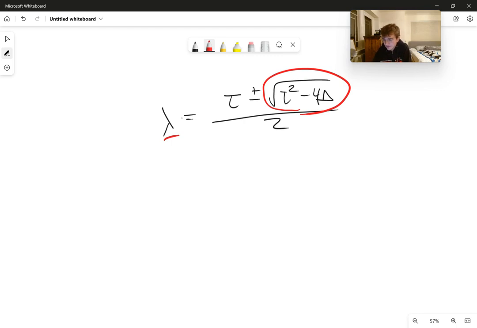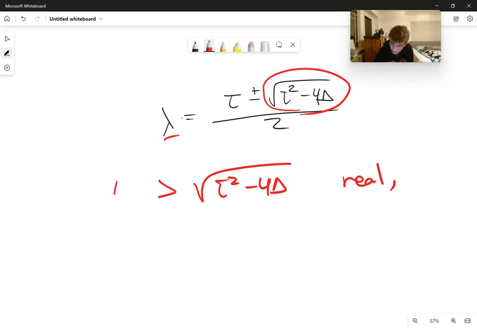In fact, the cases we just went over are cases in which this square root of tau squared minus 4 determinant is real and specifically less than tau in magnitude. Because if it's less in magnitude than tau, then adding and subtracting it won't change the sign of lambda, so both eigenvalues will have the same sign.